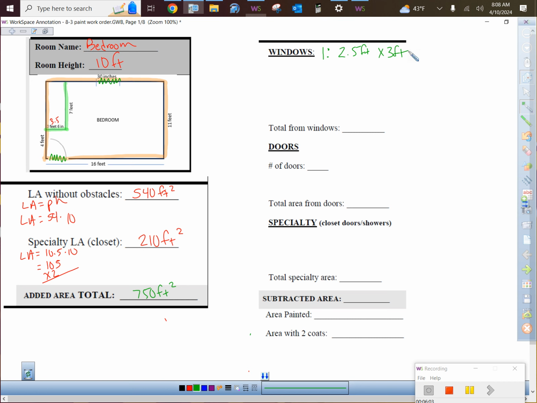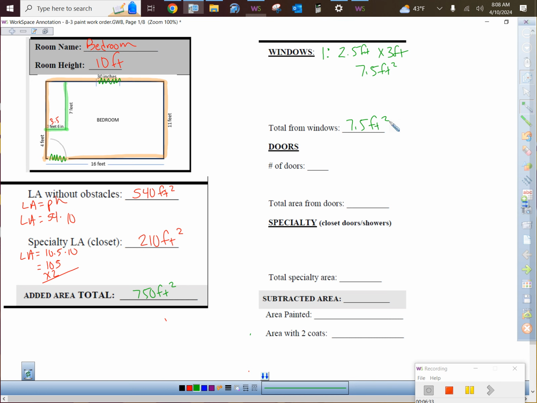How much did that take up? You got 7.5. Now if I had, make sure we got square feet on it also. If I had like 2 of those or 3 of those or 4 of those, keeping them all the same is helpful so you don't have to do all these different areas, but I only have 1 of them, so I have 7.5 square feet rocking and rolling.